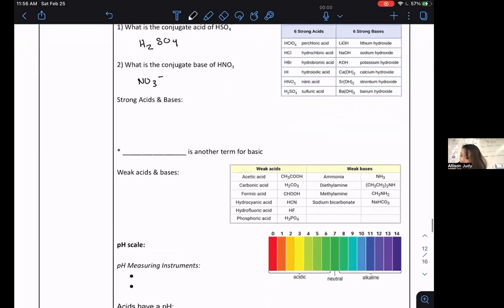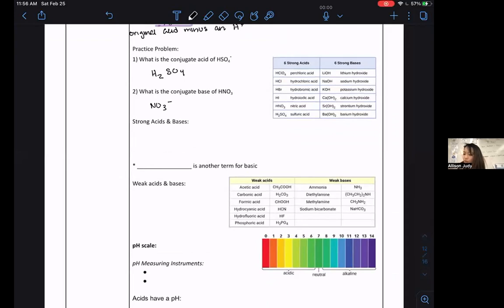And let me quickly go into how we categorize what a strong versus a weak acid or base is. So a strong acid or base is an acid or base that completely ionizes in solution. That means every H plus is lost or gained, or maybe the best way to say is transferred.